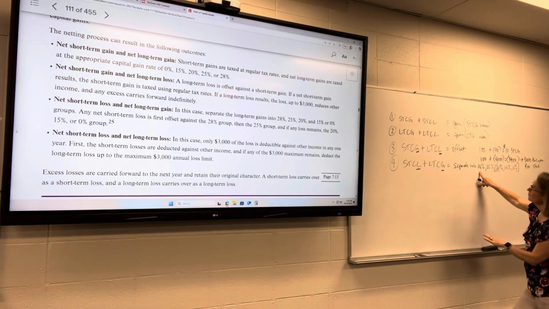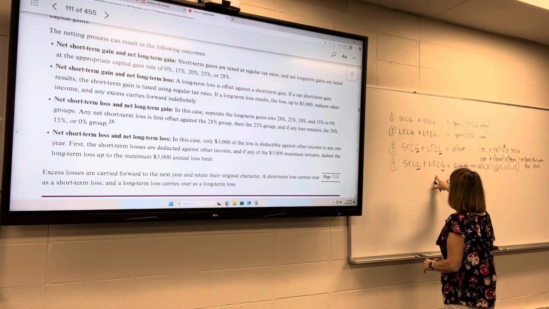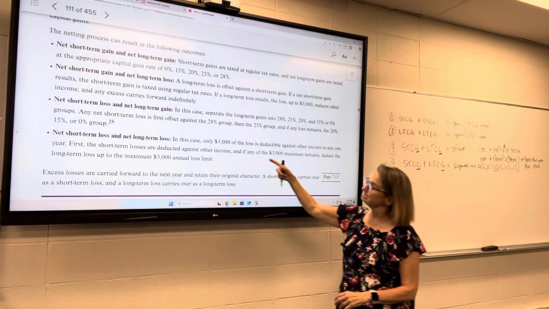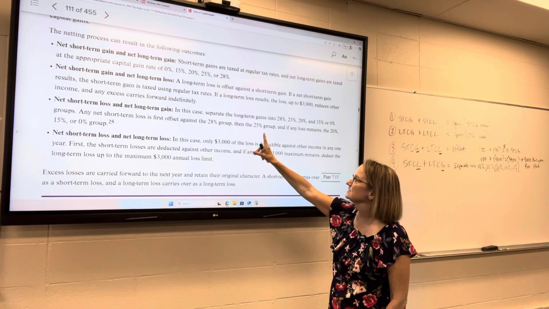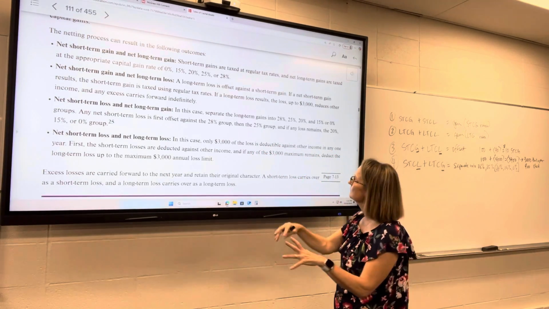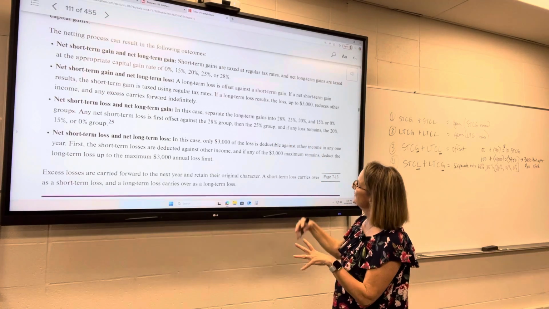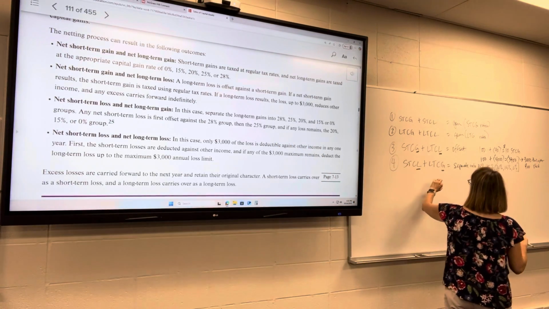Then the first thing we're going to do is offset any short-term loss against the 28% group. So we get to reduce the 28% group, then we'll reduce the 25% group.